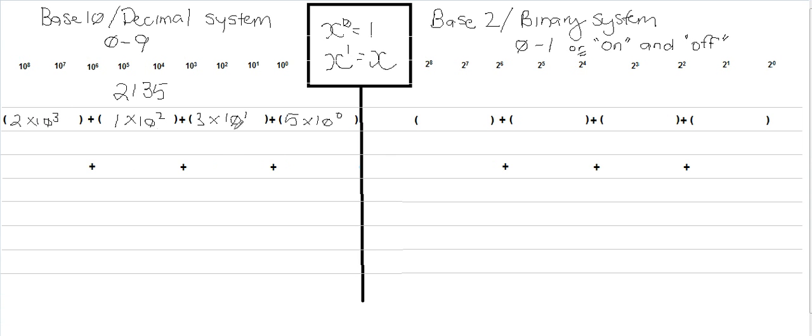Okay, so as I said to you before, any number raised to the power of 0 equals 1, so 5 times 1 is 5. Again, any number raised to the power of 1 equals that number, so 10 raised to the power of 1 is 10, 3 times 10 is 30. 10 times 10 is 100, 1 times 100 is 100, and 10 raised to the power of 3 is 1 with 3 zeros, which is 1,000, 2 times 1,000 is 2,000.